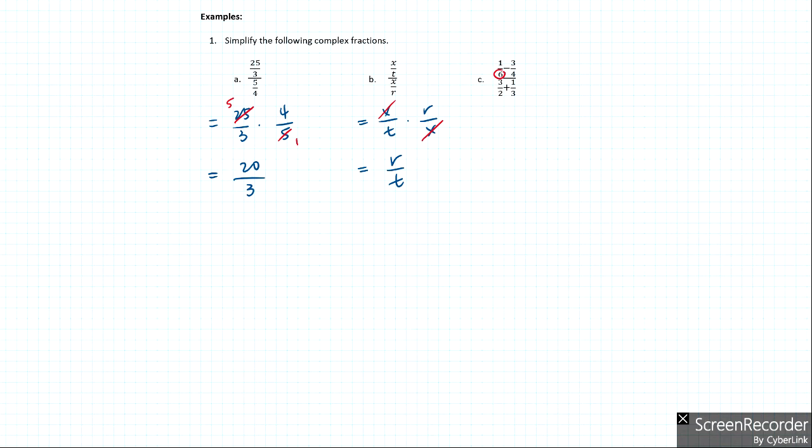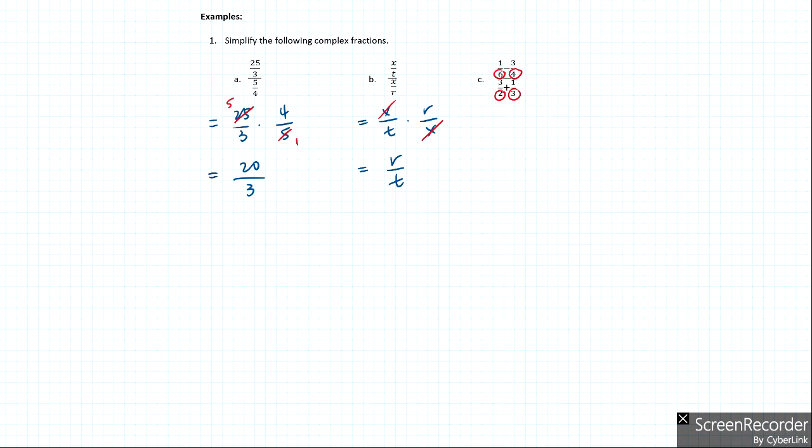And here we have the denominators being 6, 4, 2, and 3. And in this case, you want to find what they all have in common as a multiple over here. Alternatively, you can think about what's the least common denominator on top and the least common denominator on the bottom, and find the least common denominator of the two.